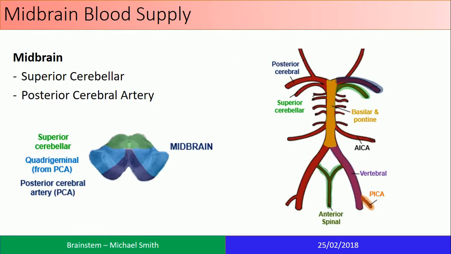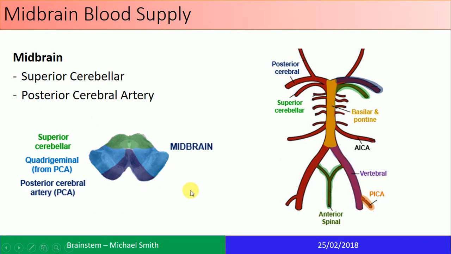So the next thing we want to think about is the blood supply to our brainstem, and we can break this up into a few sections. So if you familiarize yourself with the general blood supply to the brain and the circle of Willis, this will help first. And then you can start to look at each section.